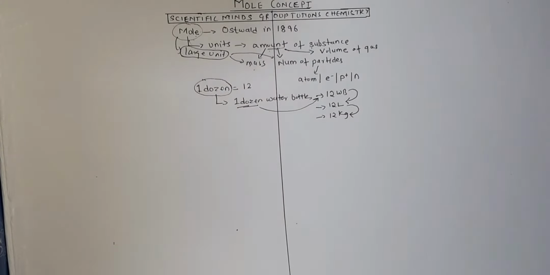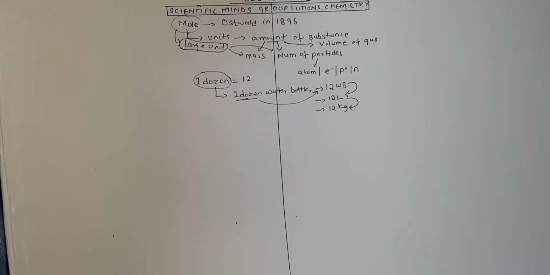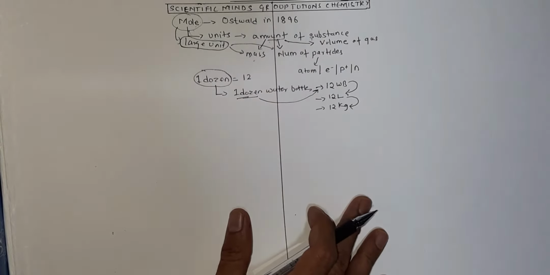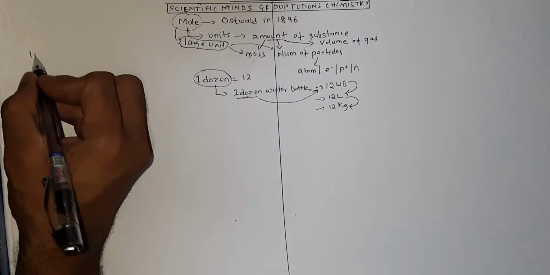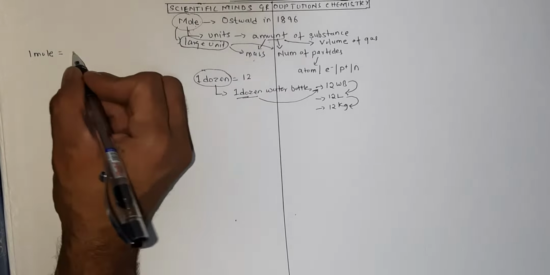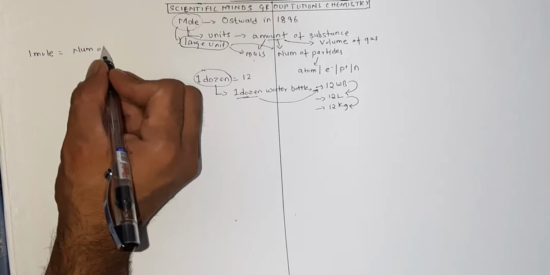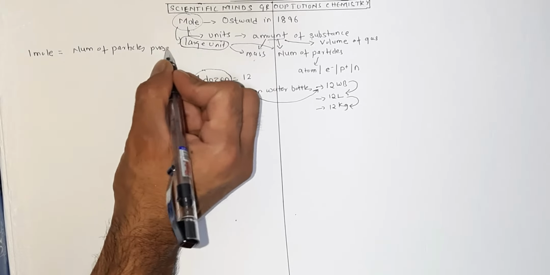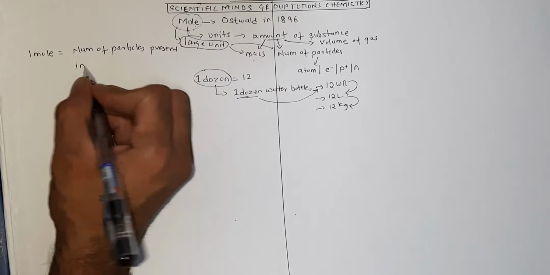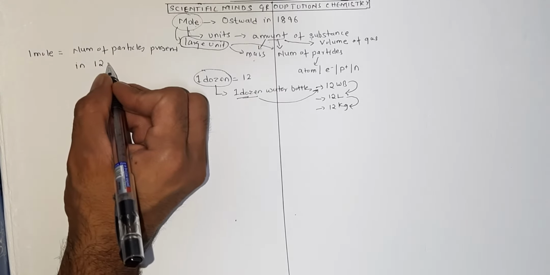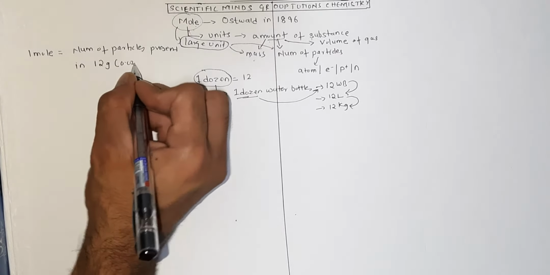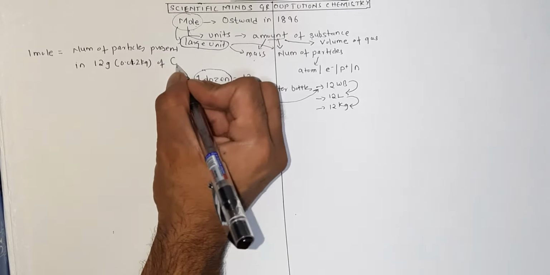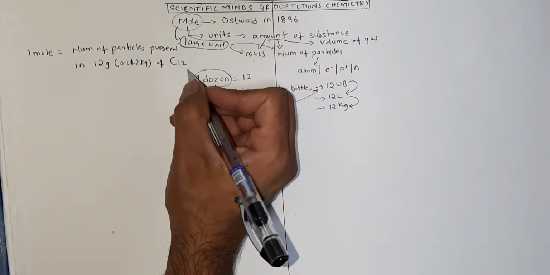Now let us see what is the definition of 1 mole. According to the International Union of Chemistry, 1 mole means the number of particles present in 12 gram, which is 0.012 kilogram, of carbon 12. I will discuss that.